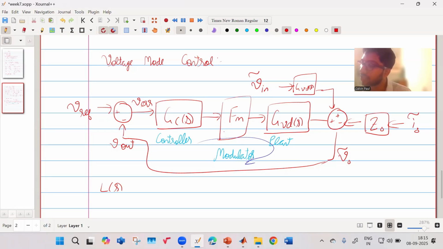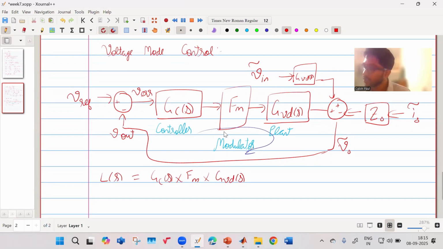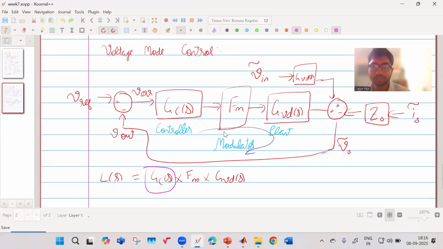So your L of S is equal to GC of S into FM into GVD of S. This is your loop transfer function, which we are going to shape. That is, we are going to design how we want it to look. And how do we design it? We can design it by changing this GC of S.